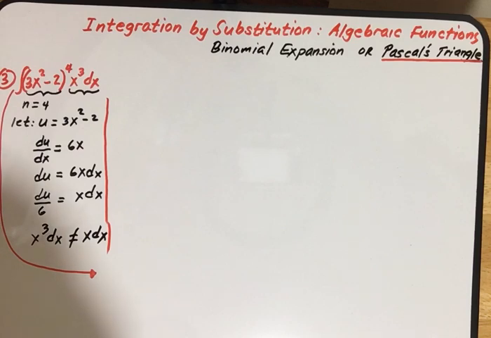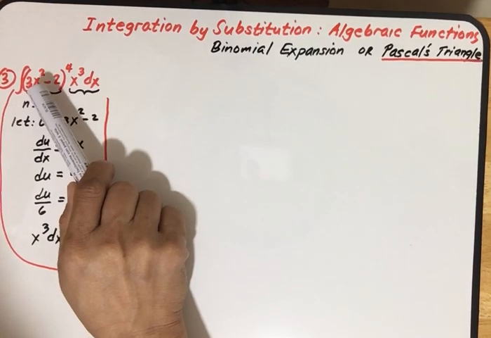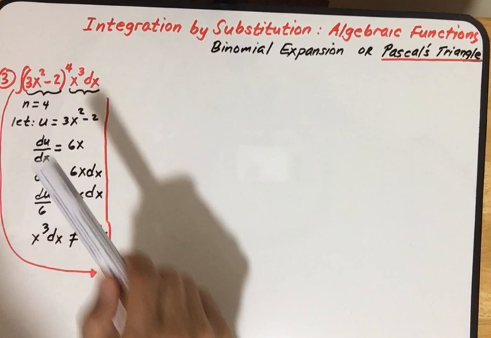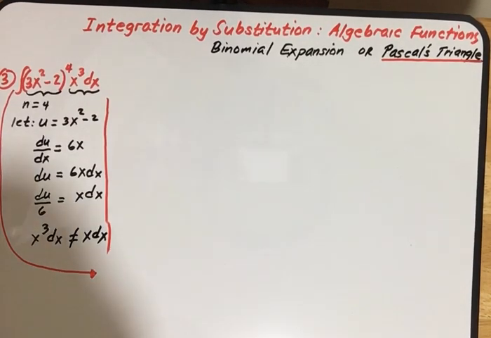So last time we used another method that is still substitution, but we have to use the basic concept of binomial expansion in algebra. What we did was break this up into two factors, the 3x squared minus 2 raised to the power 4, and then we expanded its factors.